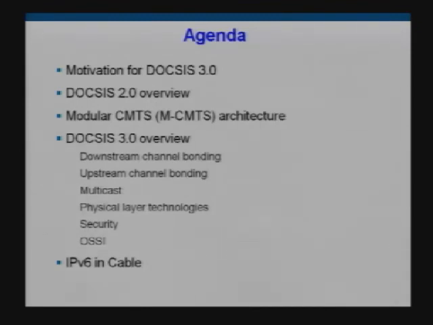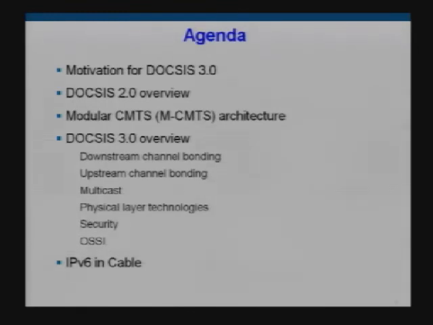Then we'll get on to the changes made in the layer 5 technology for DOCSIS, and finally we will talk about security as well as OSSI aspects, the changes made compared to the previous versions of DOCSIS.